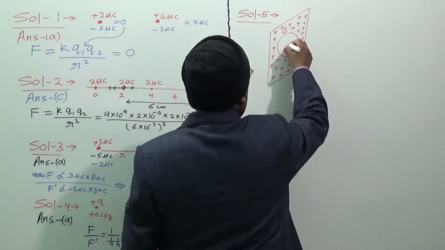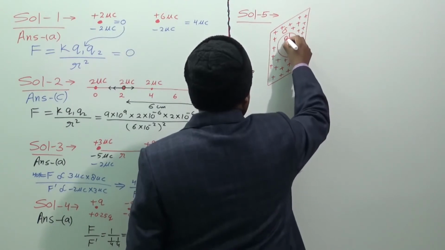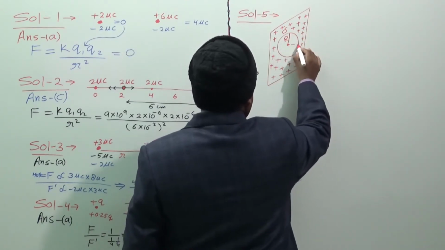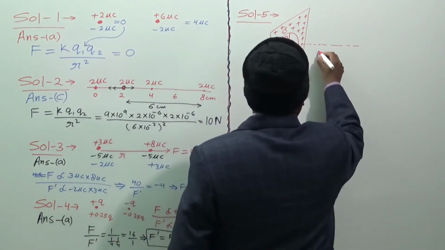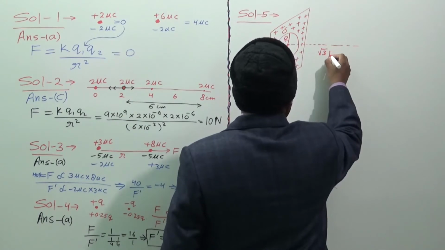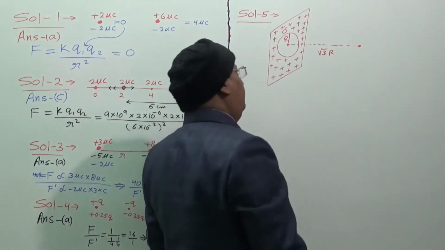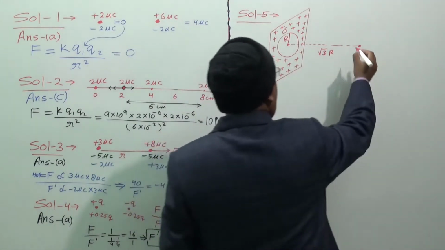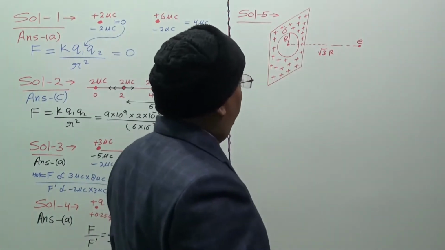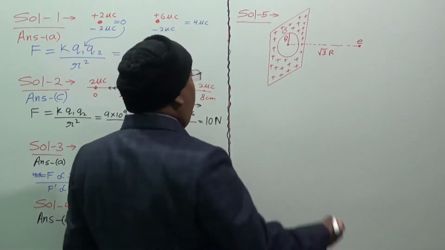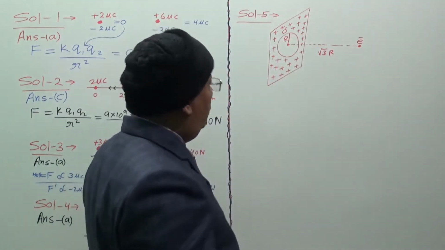The radius of this hole is r, and on the axis of this hole at distance root 3r, an electron is present. When this electron is released, then the electron has negative charge and the plate has positive charge.